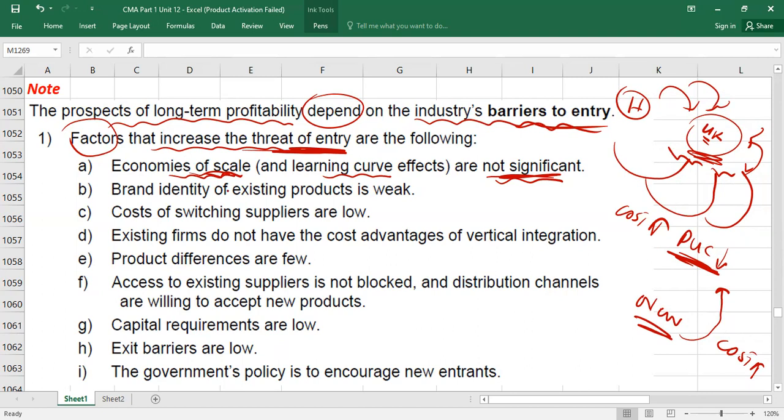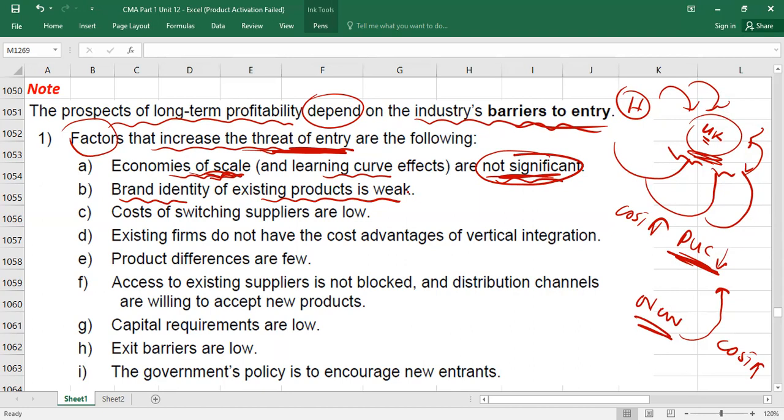So when economies of scale and learning curve effects are not significant, the threat of new entry will increase. Understood? Number two, brand identity of existing products is weak. For example, there is no strong brand operating in the market. So once the new entrant enters, he has a chance to make a brand of his own product, right or wrong.